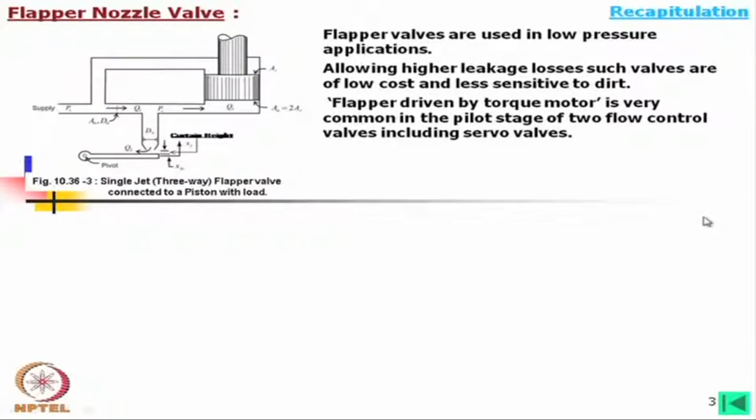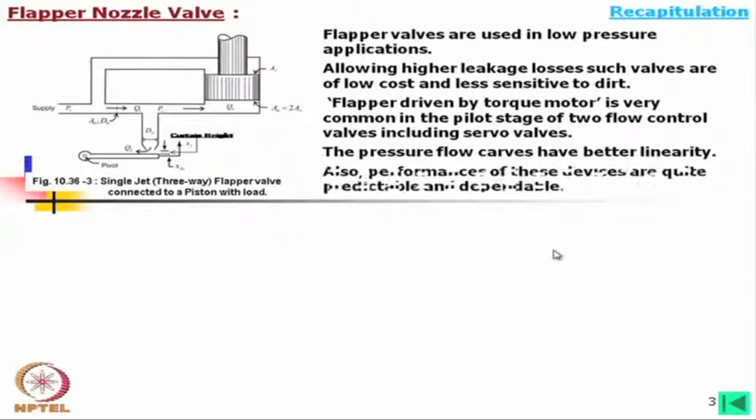So, these are the basic applications of such flapper nozzle valves. However, this is also used as a three-way valve for actuator control of unequal area. Now, the pressure flow curves have better linearity, although there are more losses, we get better linearity.